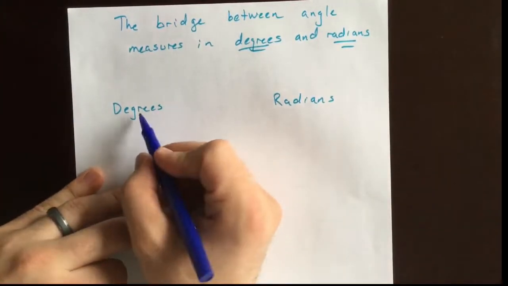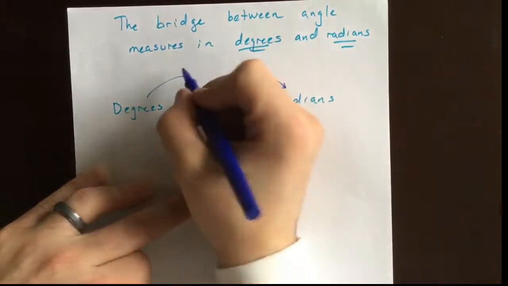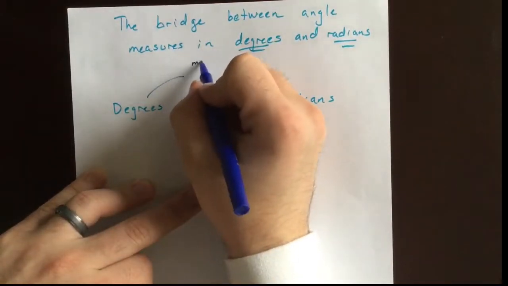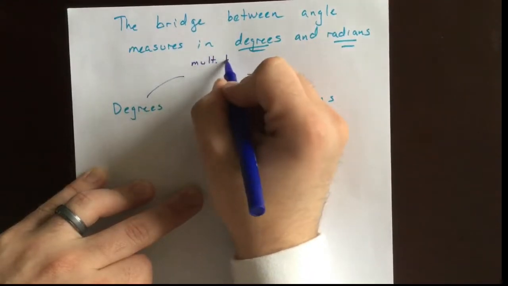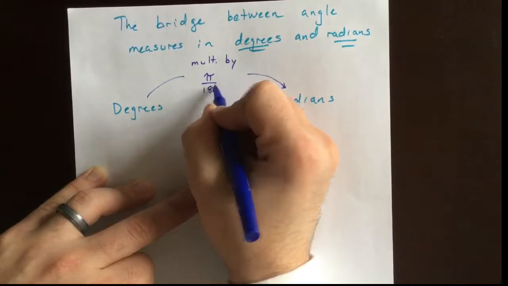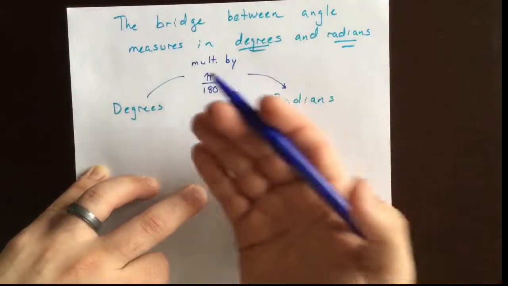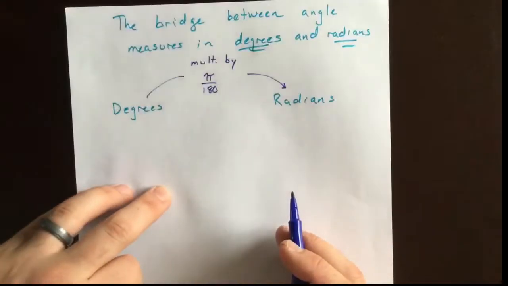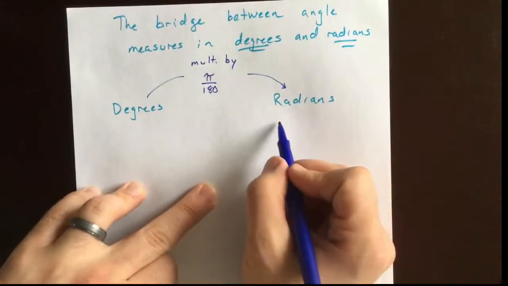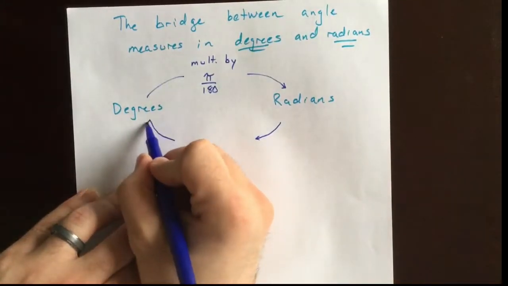So let's say I want to convert degrees to radians. If I want to do that, I multiply my angle measure by pi over 180. And in simplifying, I'll get my angle measure in radians. Let's say I want to go in the opposite direction, from an angle measure in radians to degrees.